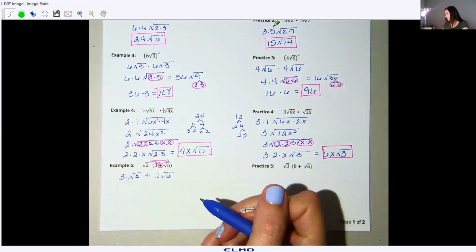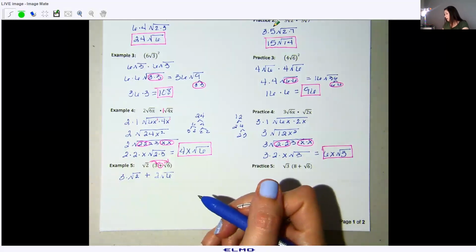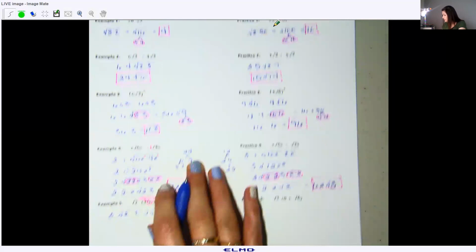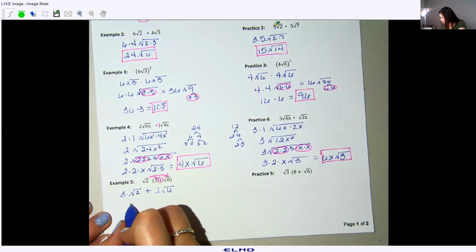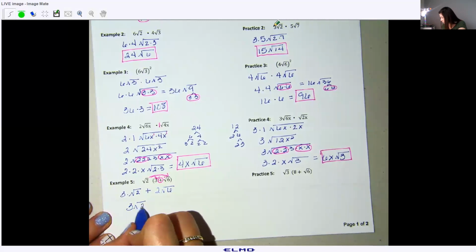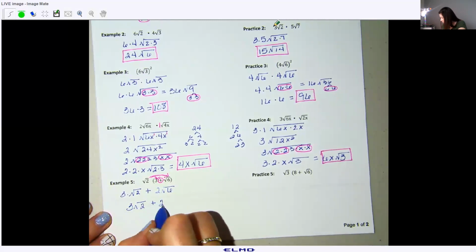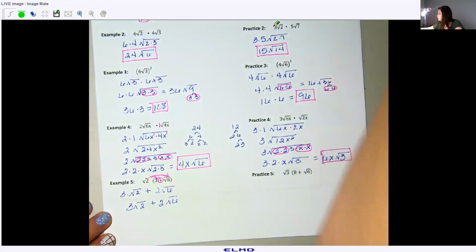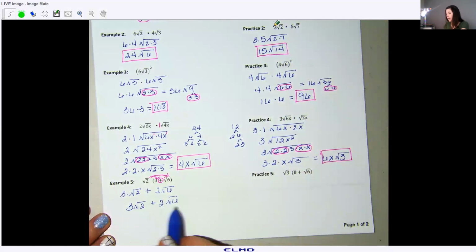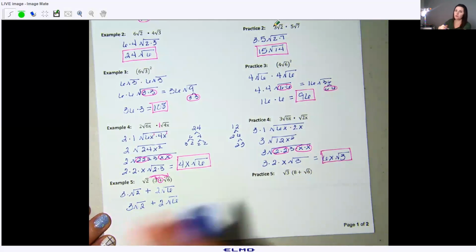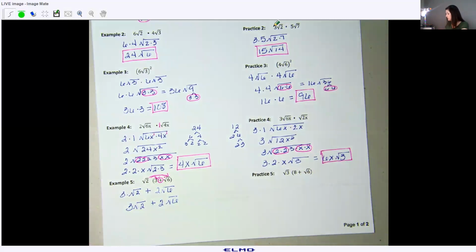So when you factor this out, you have 3 square root of 2 plus 2 square root of 6. And because we cannot go any further, they do not have like terms, and this is going back to our previous lesson, then we're done with this problem.